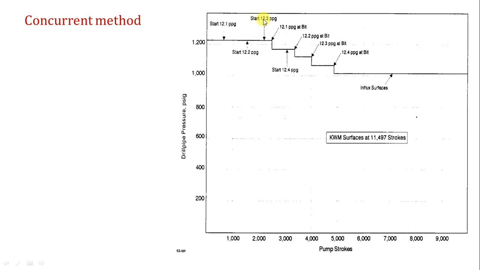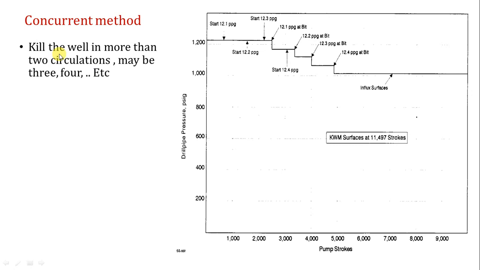After this, it increases to 12.3, 12.4, etc. until killing the well. Here you have to notice that in the concurrent method you are mixing mud while circulating and increasing the mud weight gradually until killing the well.